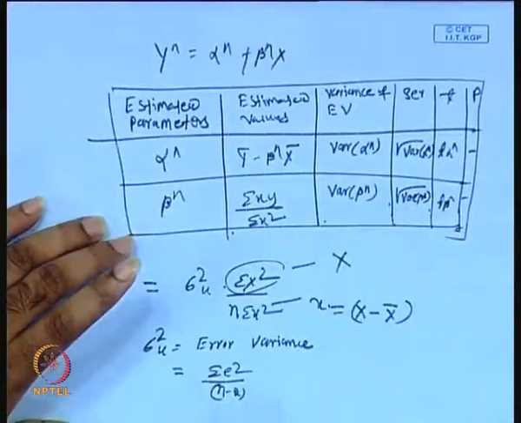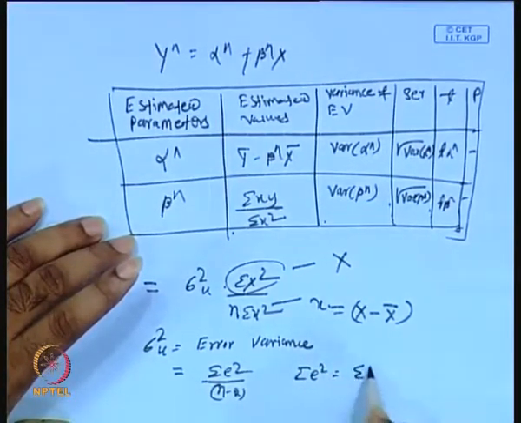But when there is a multivariate system, then this term can be represented as summation e square by n minus k. For instance, if we have a trivariate model, then obviously it is summation e square by n minus 3, because there are 3 variables in the system. Similarly, we extend one after another, and the n minus k component will keep expanding.